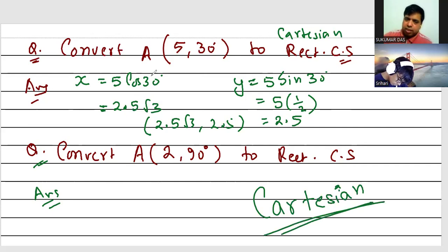The question may be asked to convert this (5, 30 degree) to the Cartesian coordinate system. It means you have to do the same thing. We will take the rectangular and Cartesian coordinate systems as equivalent. So tell me what rectangular, or Cartesian, coordinates you are getting. I'm almost done.